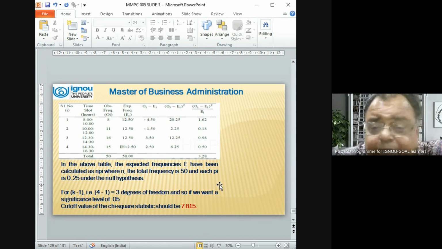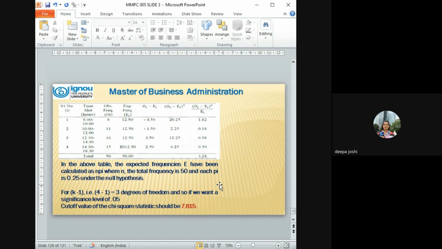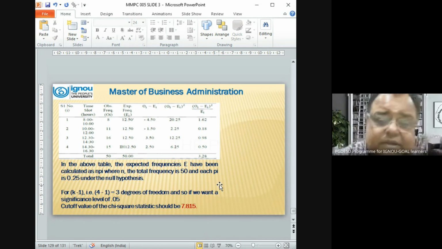No idea. The calculated value is 3.28 and your tabular value is 7.815. Will you accept the hypothesis or will you reject the hypothesis? Reject.